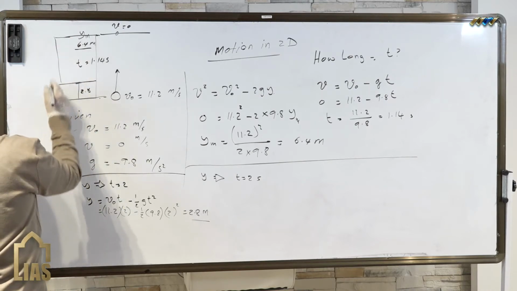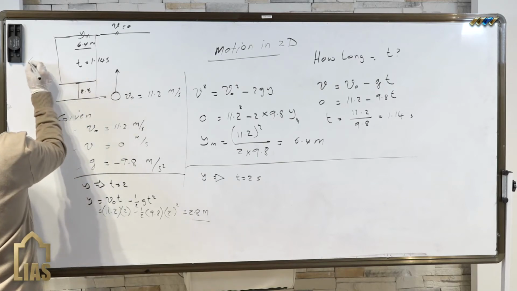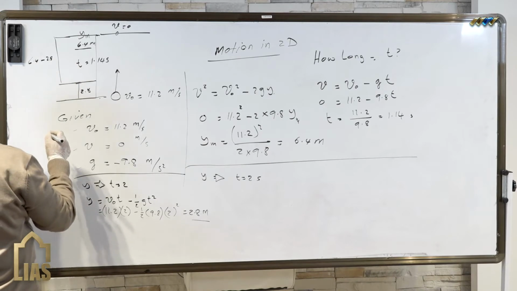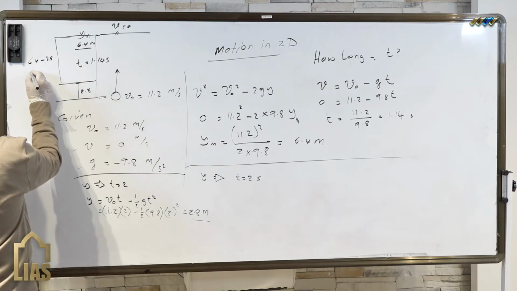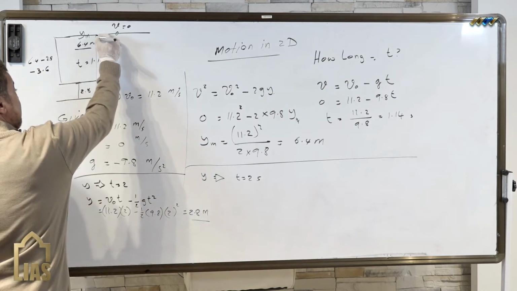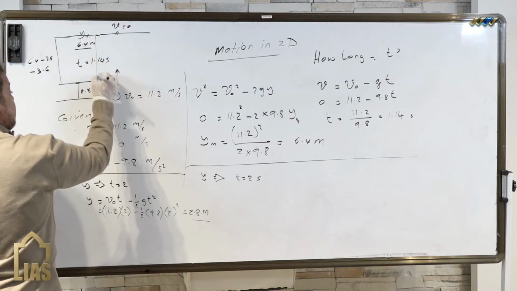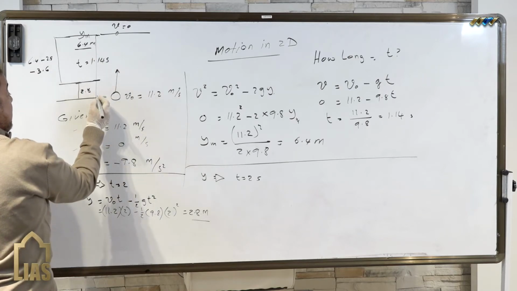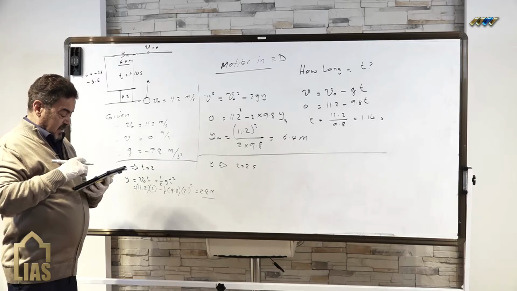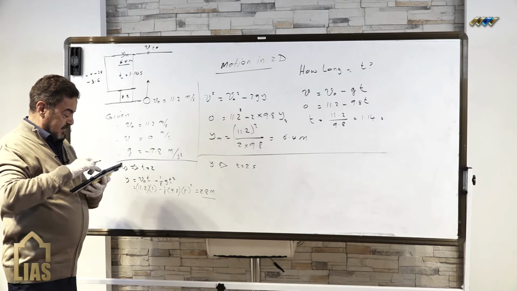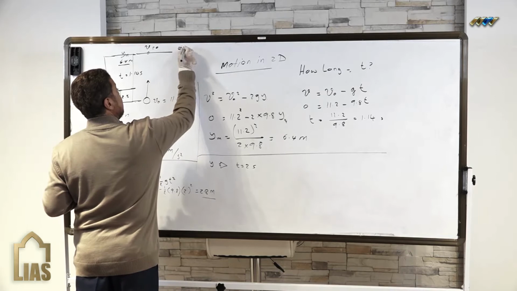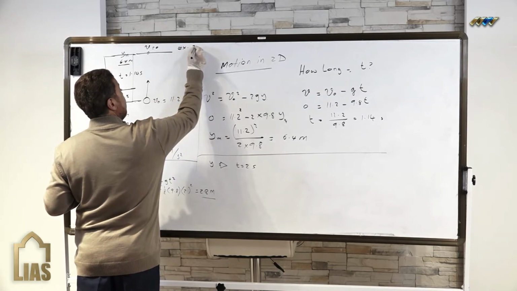The rest here is 6.4 minus 2.8, which is minus 3.6. The ball comes down 3.6 meters or plus 2.8 meters. This is example 2.11.